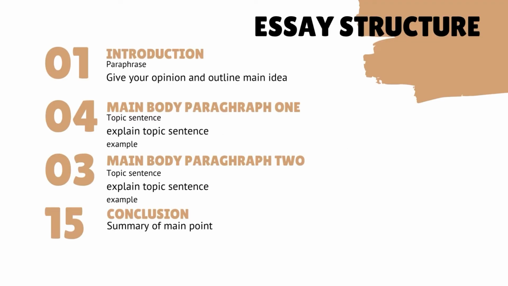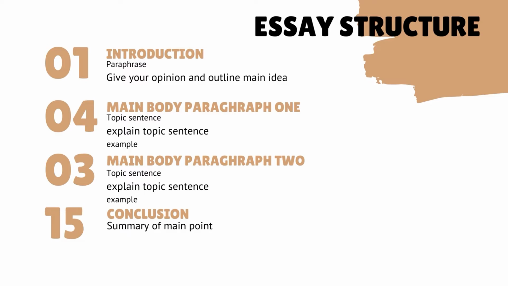Now we'll discuss task 2. The essay structure of task 2 is, in the first part we have to write an introduction, and for the introduction we have to do paraphrasing, give your opinion and outline the main idea. And for BP1, that is main body paragraph 1, we have to write a topic sentence and explain the topic sentence in brief, and then give an example related to the topic.